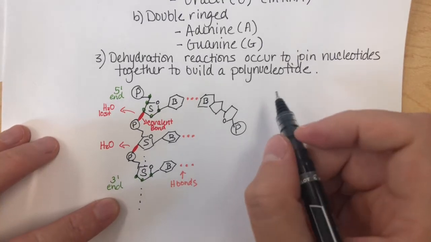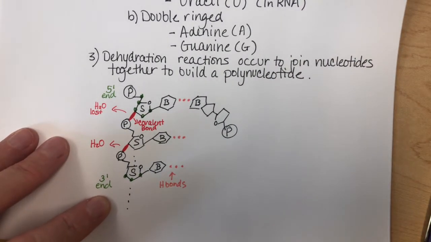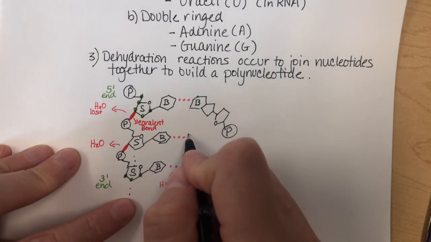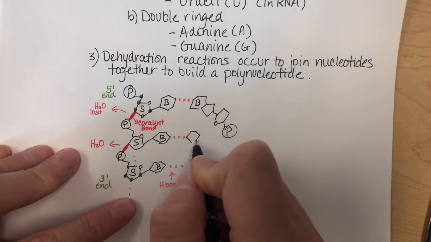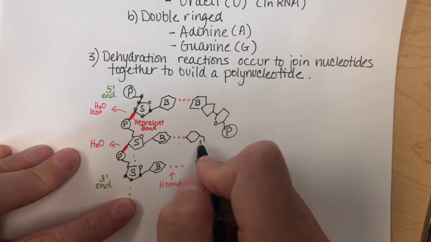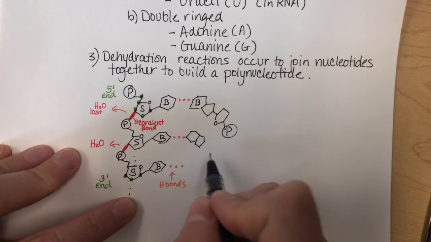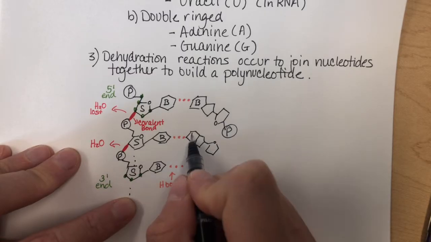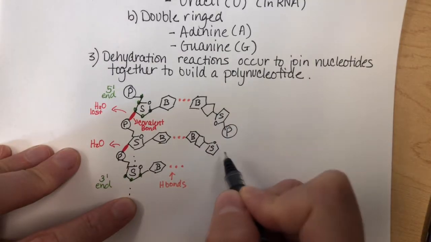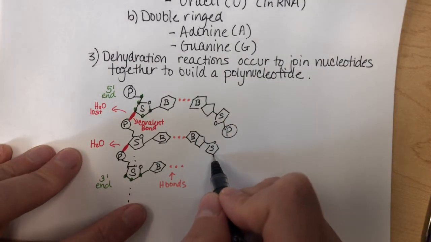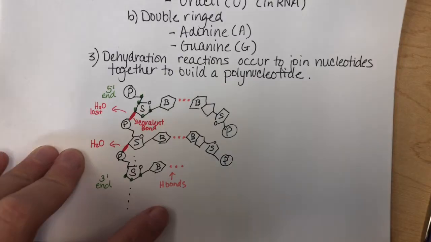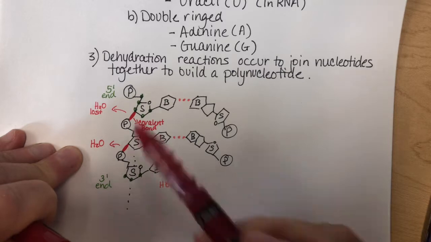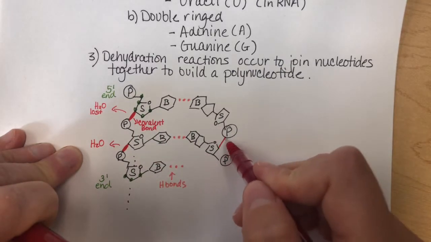Then over here, I'm going to draw my next base, another double-sided base connected to a sugar and a phosphate group. Then the phosphate and the sugar bind.